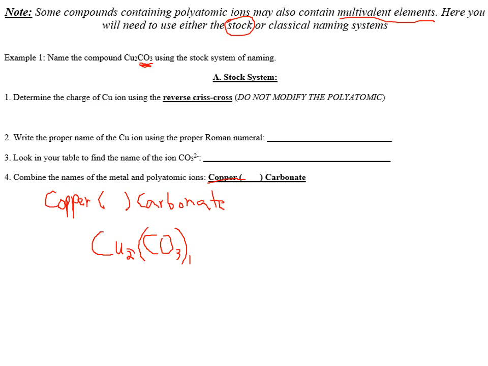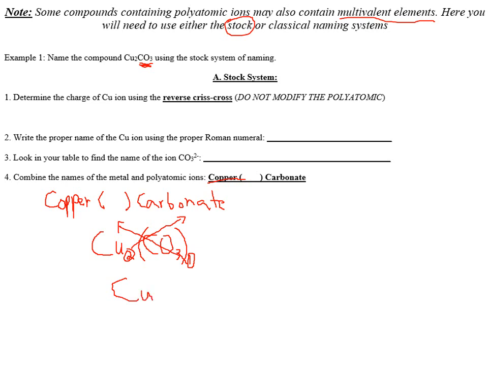I'm going to circle the 2, bring it on top over here. I'm going to circle the 1 over here and bring it on top. So that way the CO3 remained as CO3. If you circled the 3 and brought it up, you would have made a mistake. It would have been wrong because now you no longer have CO3 there. Polyatomic ions cannot be destroyed in the formulas here.